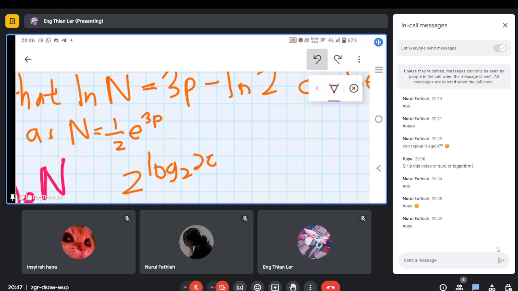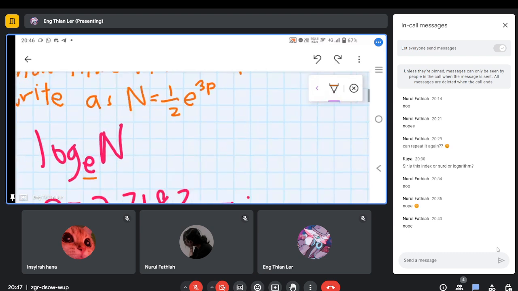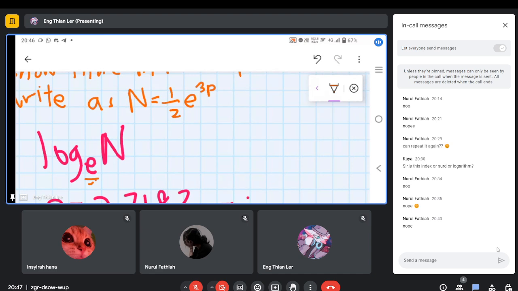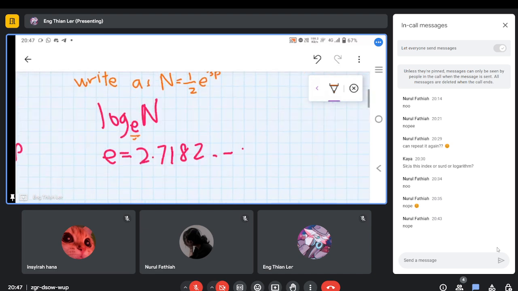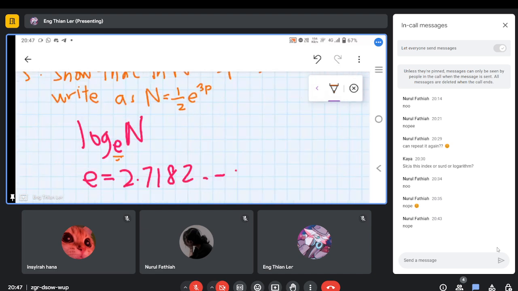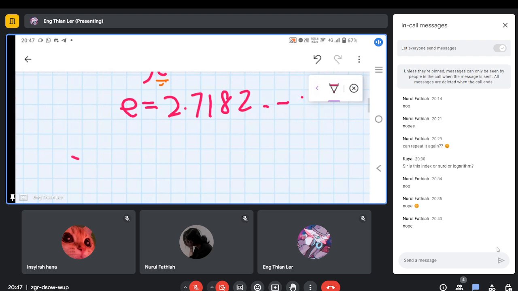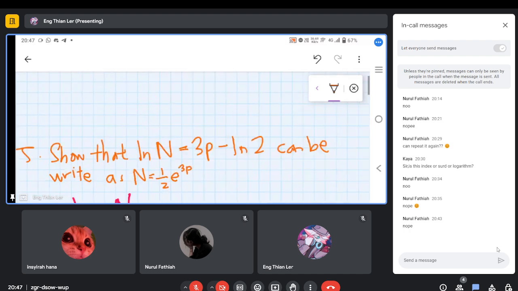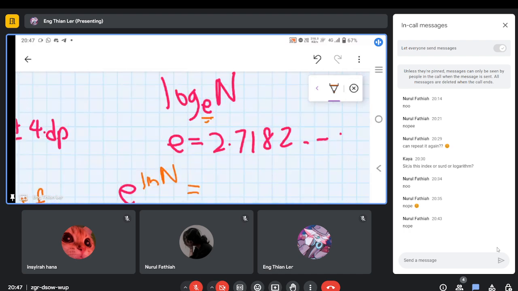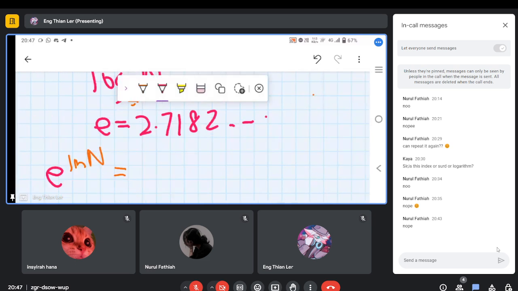So what is the base of ln? I just said, the base of ln is e. So we raise it to the power of e. I can rewrite this again: e to the ln n equal to, so we can just write e to the 3p.